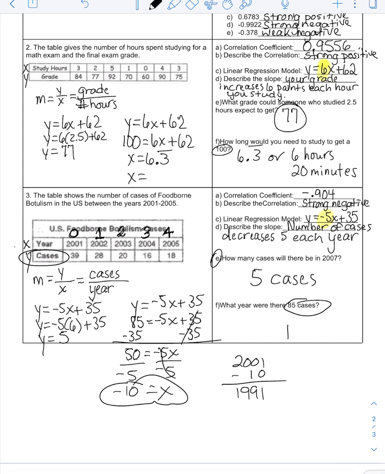That means in the year 1991, there were 85 cases. So this, guys, is how you determine the correlation using the correlation coefficient. You use the linear regression model to describe the slope and make predictions.